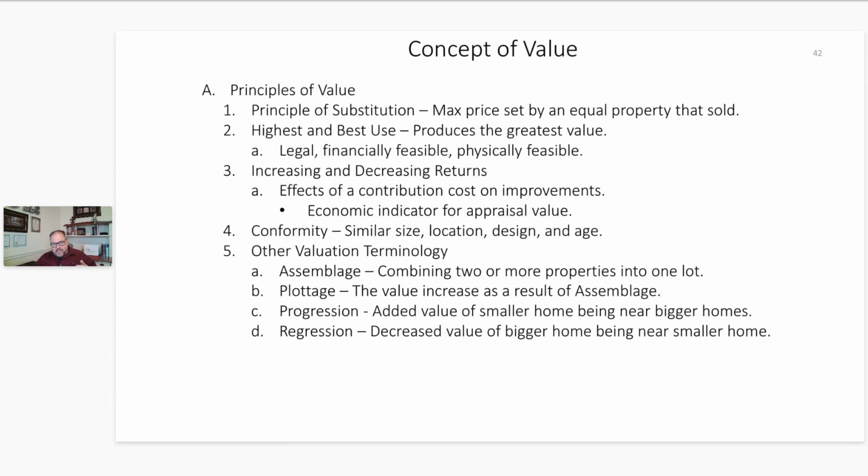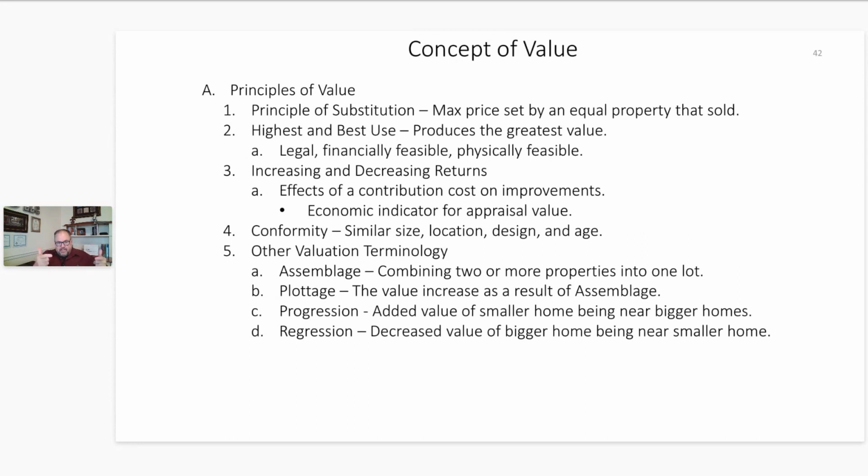Assemblage and plottage are two terms you want to know. They go together. Assemblage is the physical combining of two lands or two lots together. Okay. Two lots that may list for $50,000 each. I'm going to resurvey it and make it a 1-acre lot. 2 half-acre lots, it's now 1 acre.